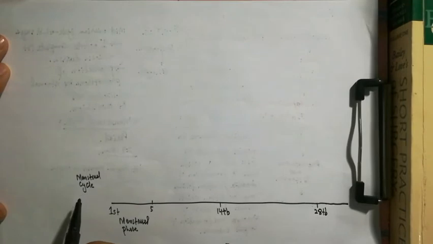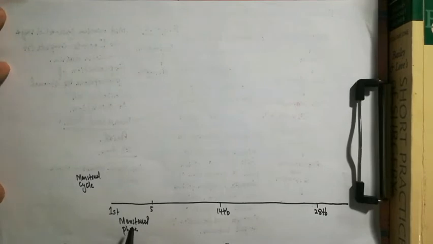Menstrual cycle consists of 3 phases: menstrual phase, proliferative or follicular phase, and luteal phase or secretory phase or progestational phase. Menstrual phase lasts for 3 to 5 days.